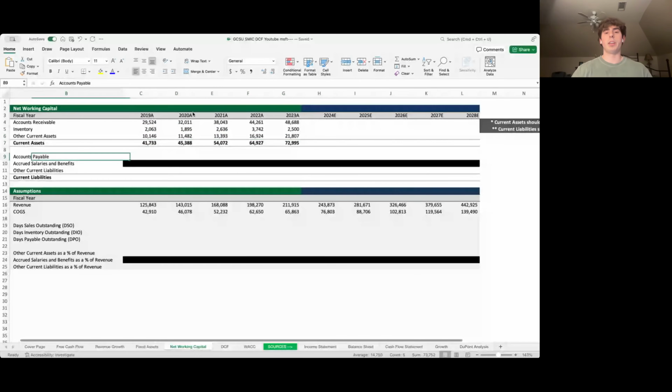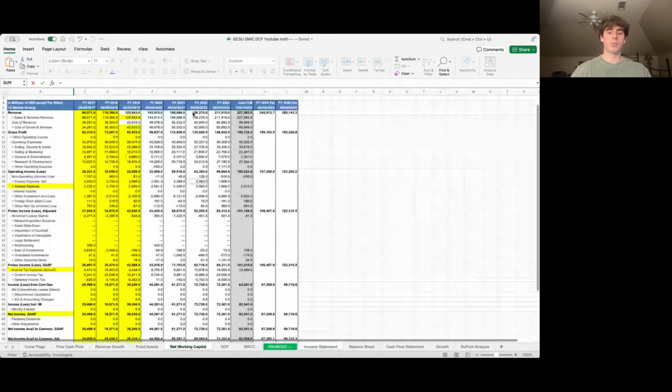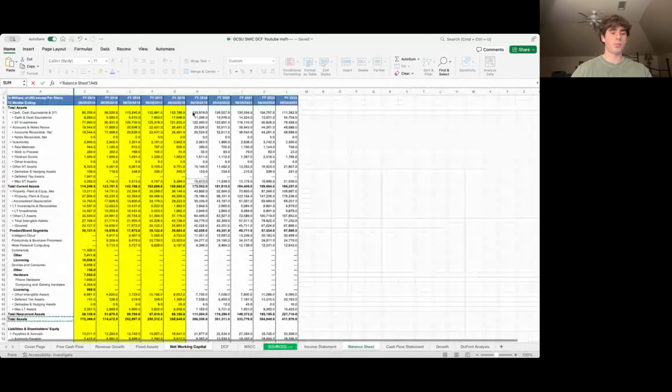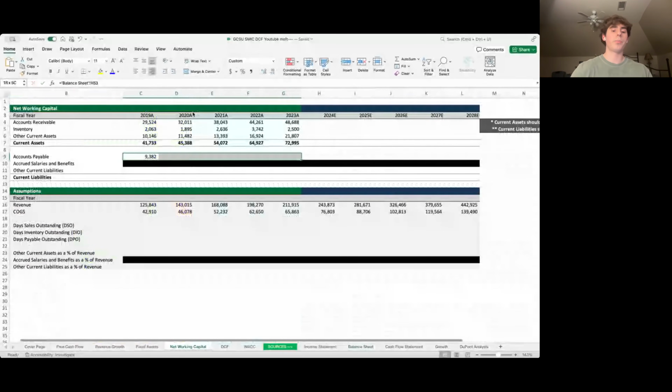So we're going to do the same thing for total current liabilities. So first is accounts payable. Shift right, Command R. I didn't include accrued salaries and benefits just because I didn't find this on Microsoft's balance sheet, but if it is included when you're working in your model, please include it. For other current liabilities, we're going to do the same thing.